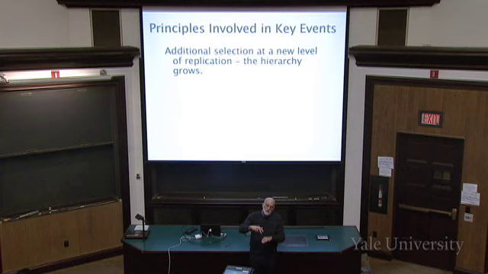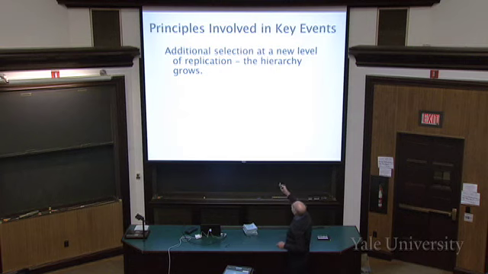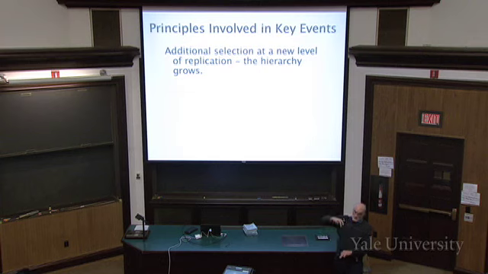Then after that, you get multicellularity. You get cells that are probably genetically almost identical, that are growing together. You get division of labor within that. So one of the things that happens is that the babushka doll, the number of levels in the hierarchy, grows.